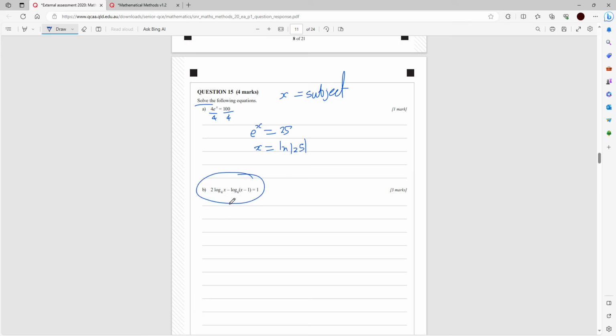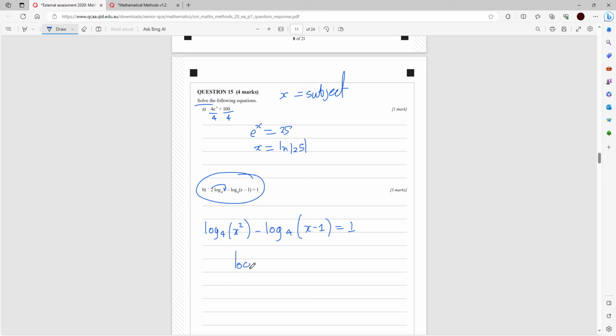Alright, let's take a look at this one here. What I'm going to do straight away, before I combine the logs, is bring this 2 up here. So I'll have log base 4 of x squared minus log base 4 of x minus 1 equals 1. The reason I can do that now is because I can combine the two logs. If you have a log minus a log, you divide what's on the inside.